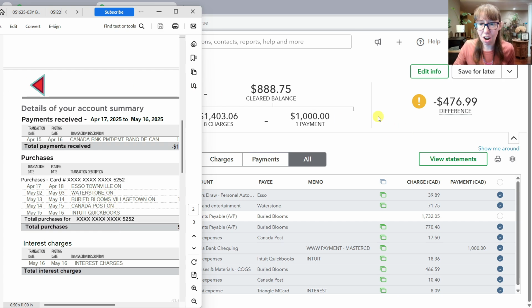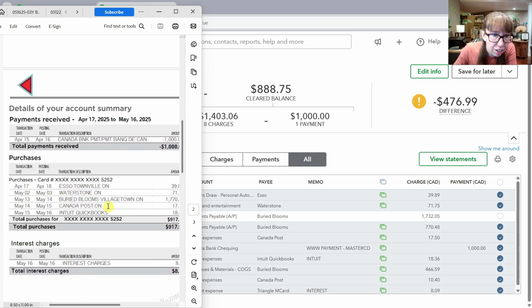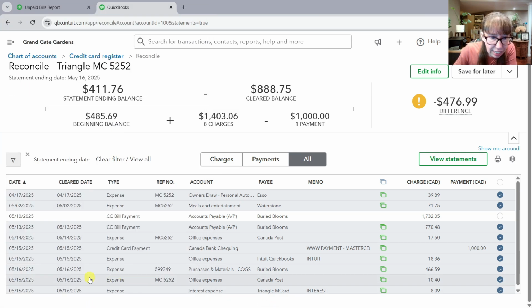So let's start from the bottom. Down at the bottom, we've got interest. And is there interest here of $809? Yes, there is. So that little circle guy stays checked. Then the next one is 1040. Is there a 1040 over here? No, there isn't. And we can see that it was one of those May 16th ones.